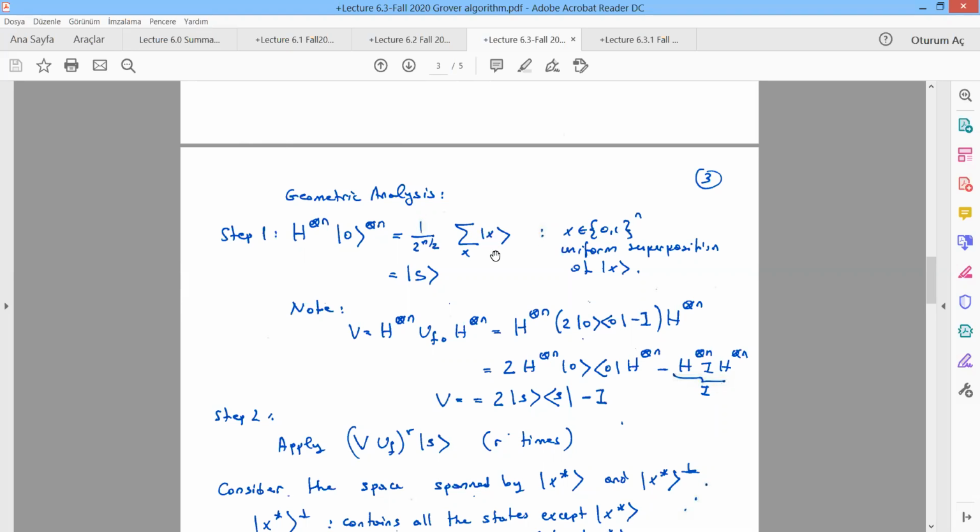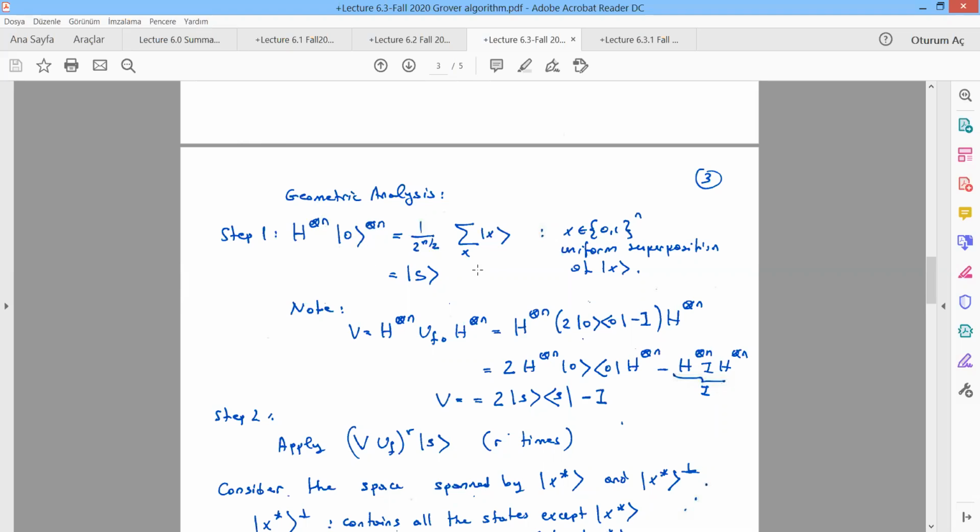It's a linear superposition of all the possible n such bits. This is what the Hadamard operation applied on the ket 0 tensor n state was doing.